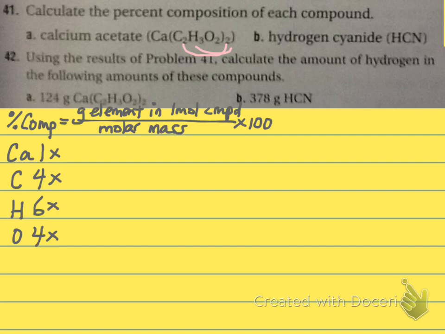I'm going to go ahead and use 1 decimal place for all of these. So calcium's mass from the periodic table is 40.078, so we're going to call it 40.1. Carbon is 12.0. Hydrogen, we'll use just 1 decimal place, so we'll call it 1.0. And oxygen is going to be 16.0.